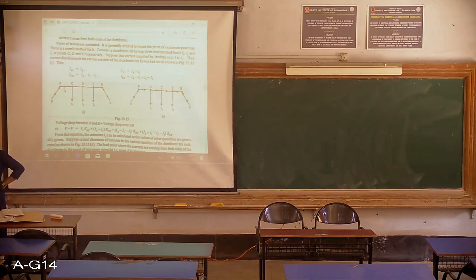So what will be the voltage drop between A and B? The voltage drop between A and B will be nothing but the voltage drop over AB. So V minus V will be IA into RAC plus IA minus I1 into RCD plus IA minus I1 minus I2 into RDE plus IA minus I1 minus I2 minus I3 into REB.